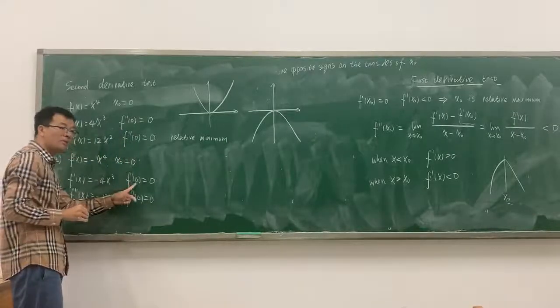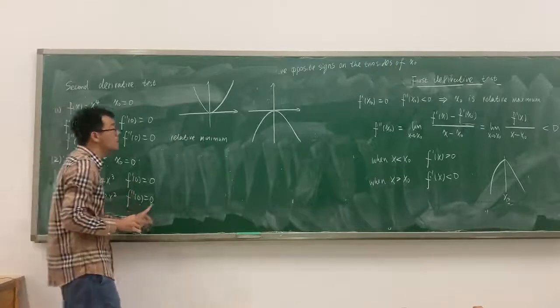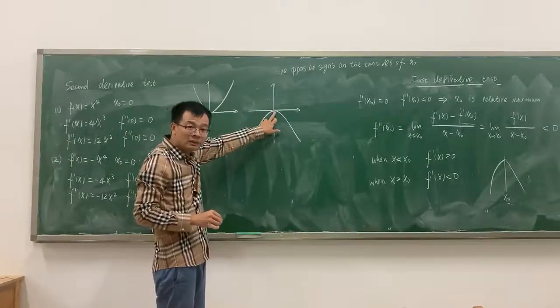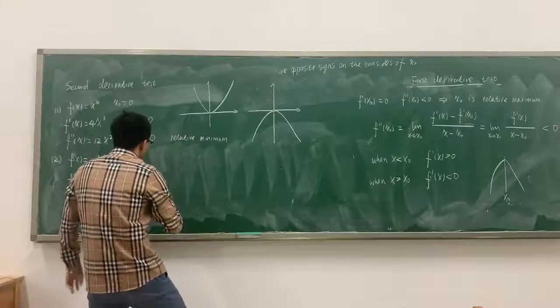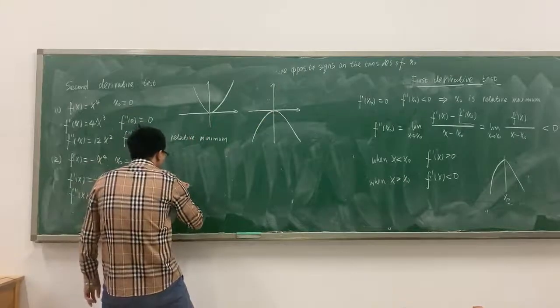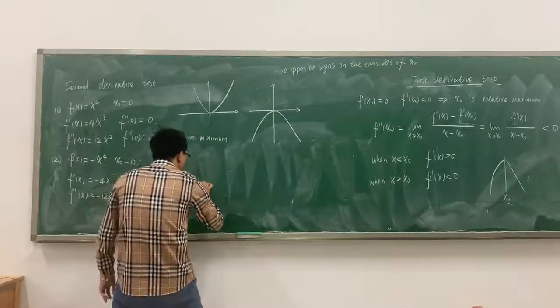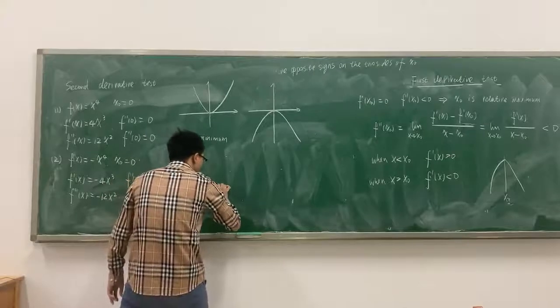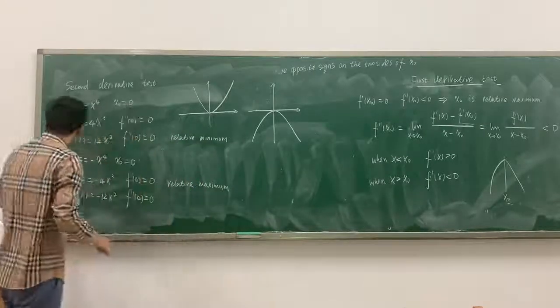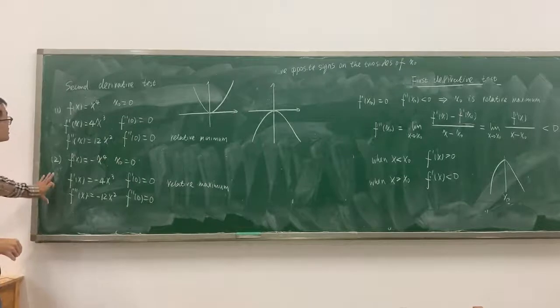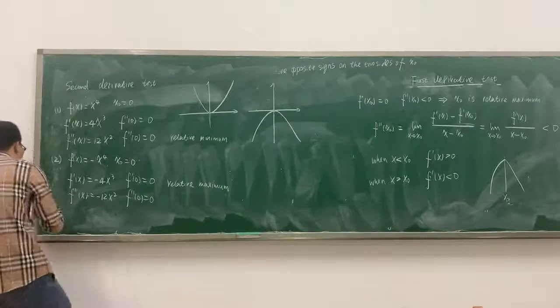So f prime and f double prime are both 0, and this point is a relative maximum. This is the second example.